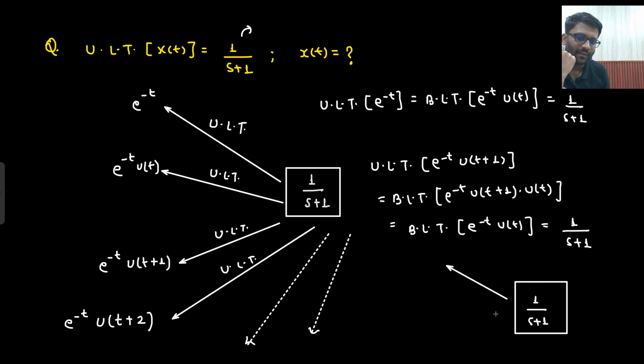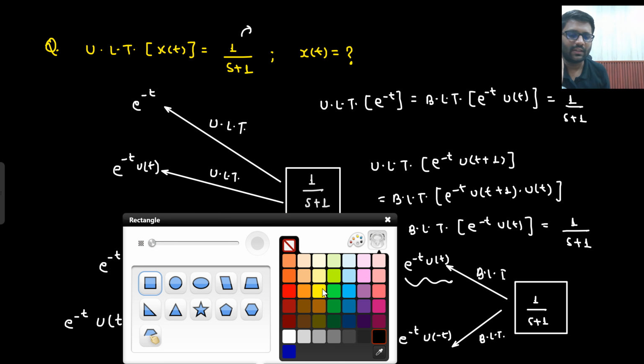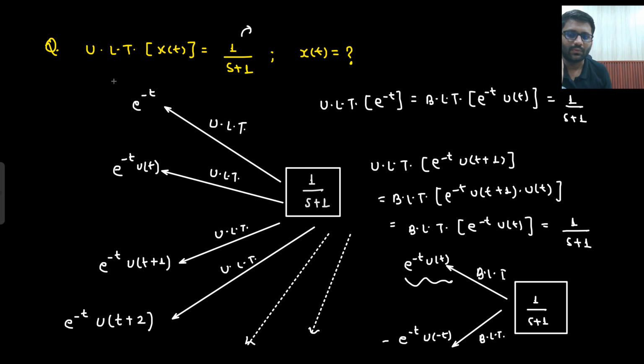So it would be coming from either e to the power minus t ut or e to the power minus t u of minus t with minus sign in case of bilateral Laplace transform. So which one is common in both of them? This and this. So mostly we will talk about only these two.